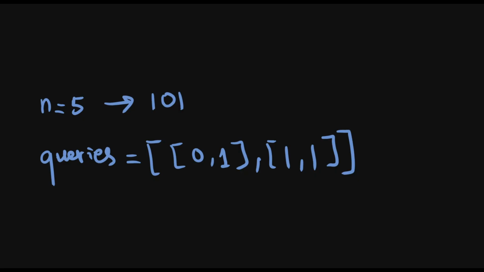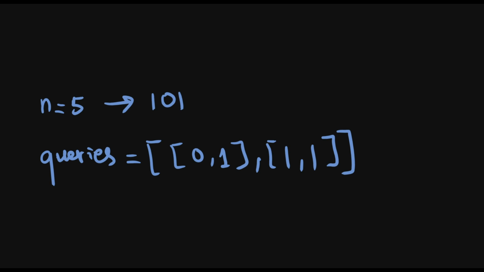Now let's have a look at a simple example here. Let's say we are given an integer n of 5 and a range of queries. The idea is to convert this integer n into a binary representation, which can be written as 1, 0, 1.